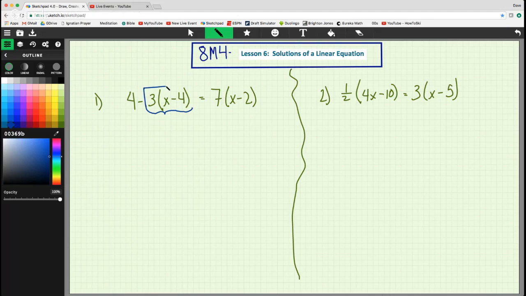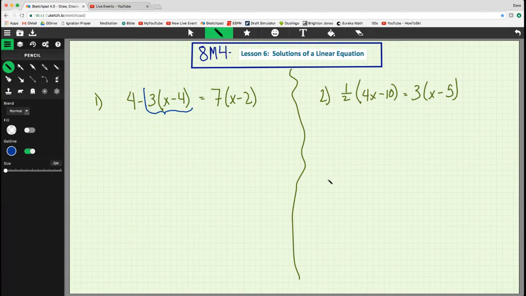We're going to have to do distribution here, and here. 4 minus, we just move this 4 minus down, and we're going to use the solution to this to plug into our equation. And over here, we're just going to distribute and solve. Okay, so let's watch how this works.